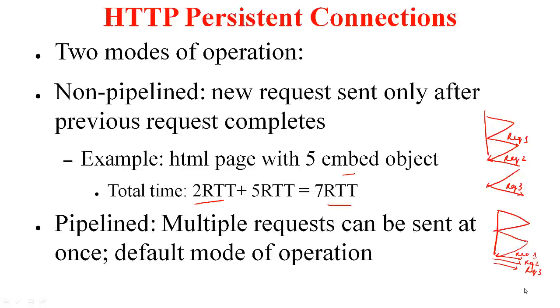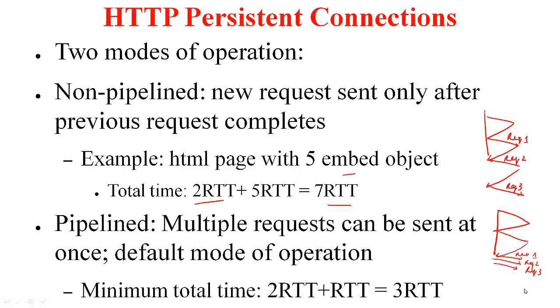Well, it's a bit tricky because it's a function of what state TCP is in. Is it in slow start or is it in equilibrium where its window is sufficiently large? So why don't you tell me what the minimum response time is that it can take? Well, it can be as low as 3 round trip times, assuming that this is the 2 RTT corresponding to the base HTML.